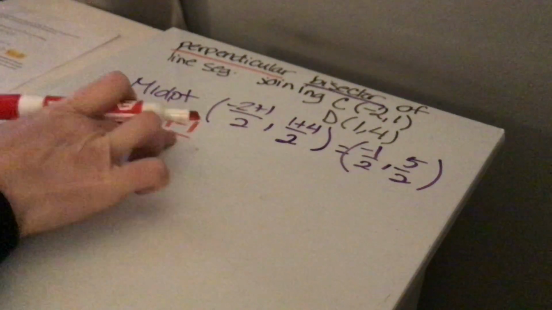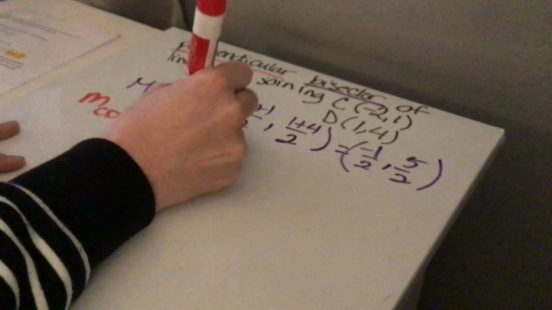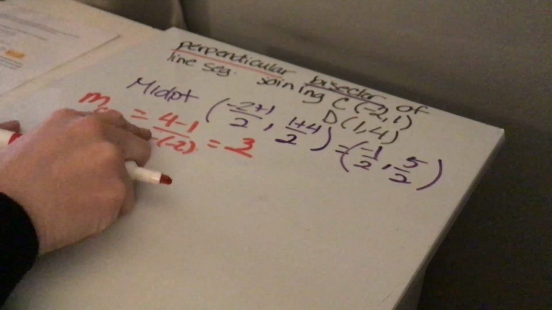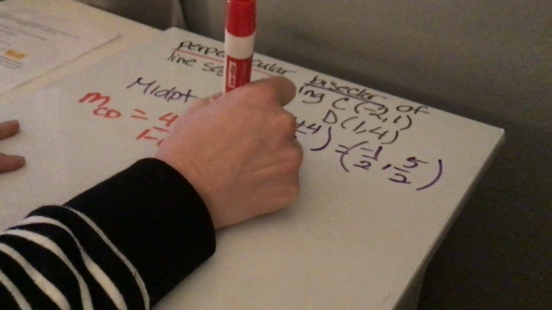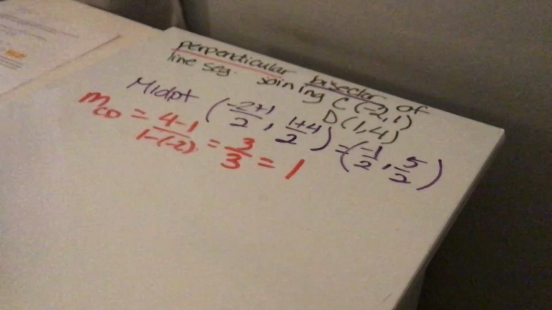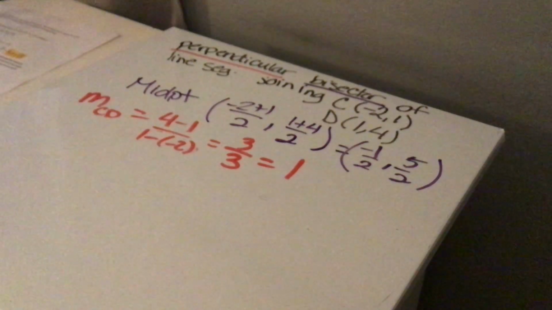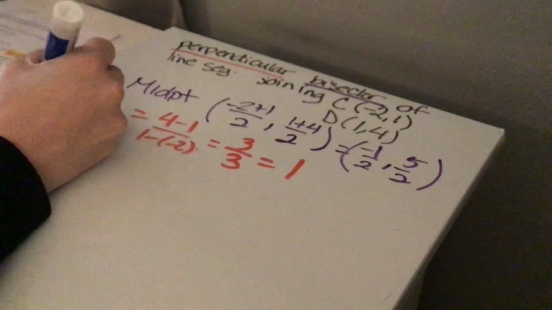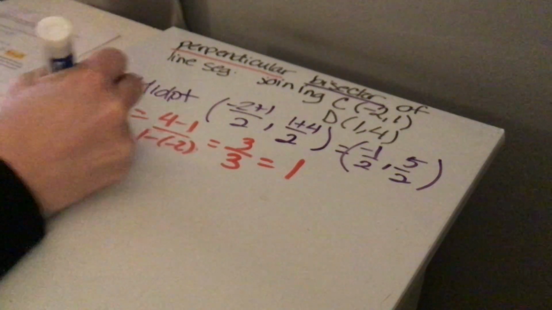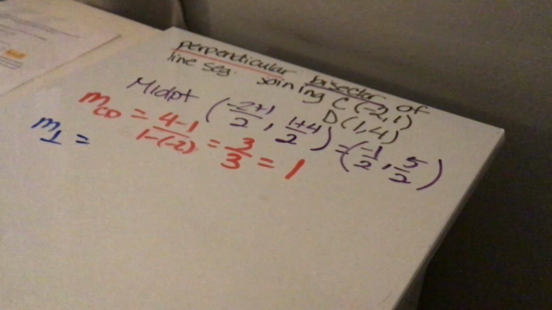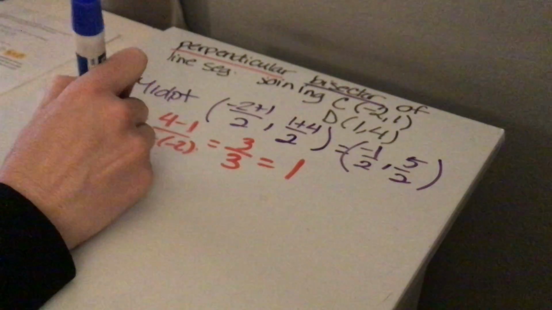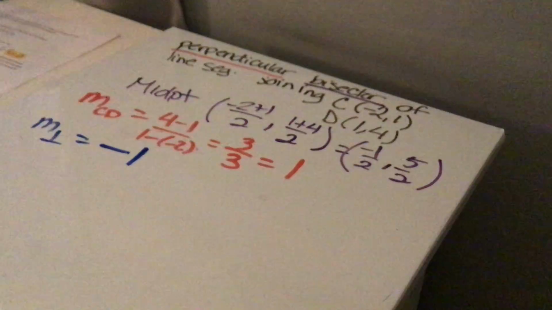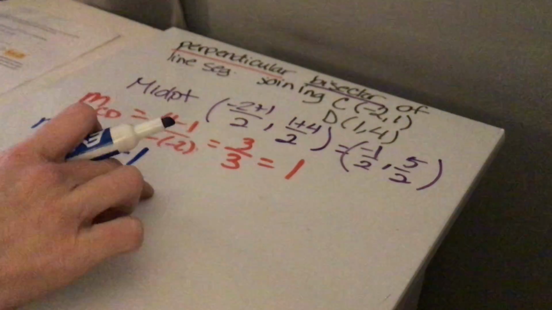So 4 minus 1 over 1 minus -2. 4 minus 1 is 3. 1 minus -2 is also 3. So the slope of CD is 1. But perpendicular, so the line that we're writing the equation for has to be the opposite reciprocal. The opposite of 1 is negative, and the reciprocal of 1 is 1. So the slope of our perpendicular bisector is -1.